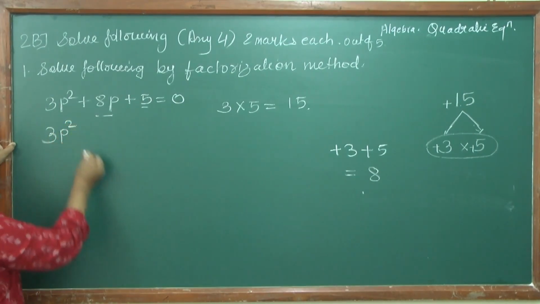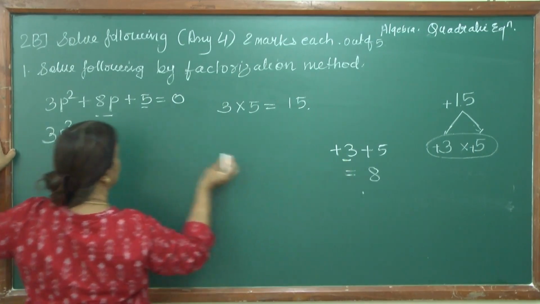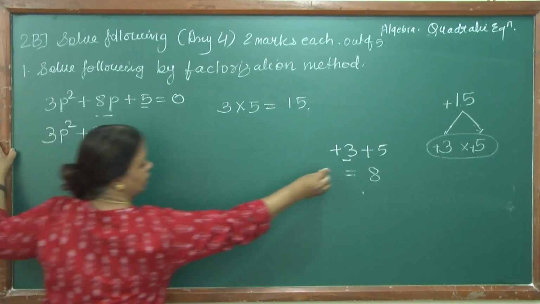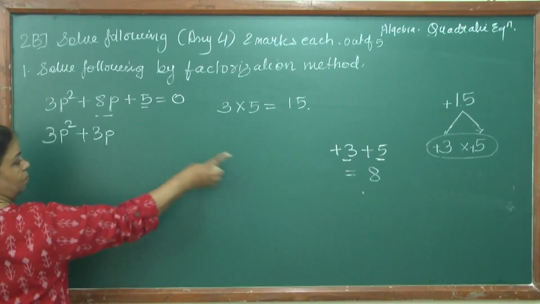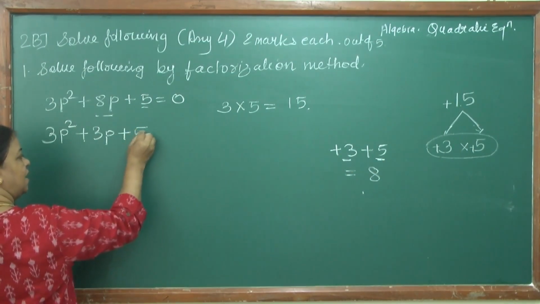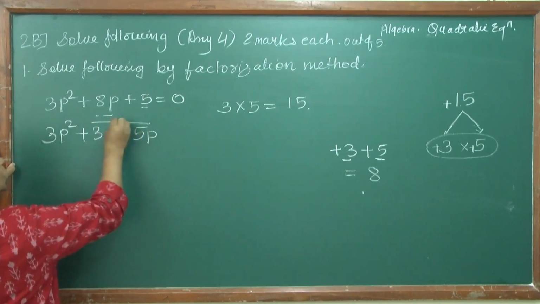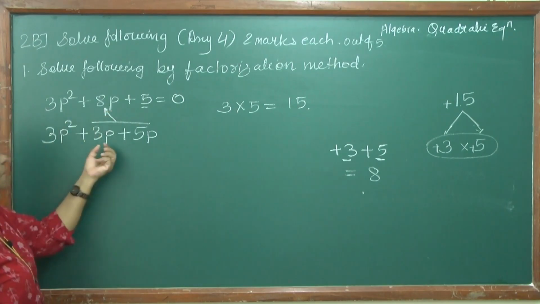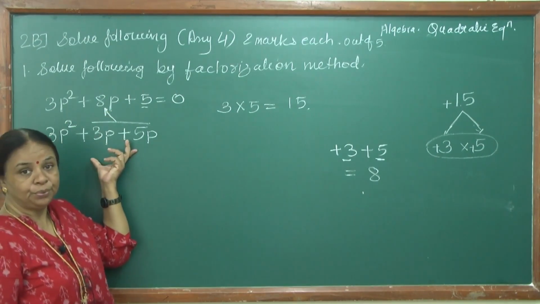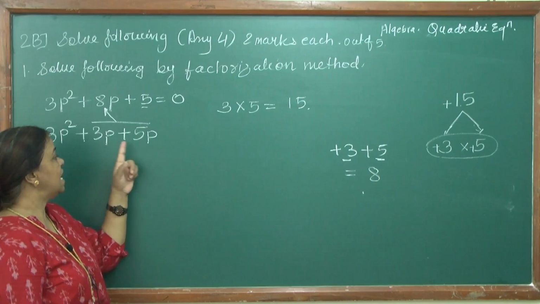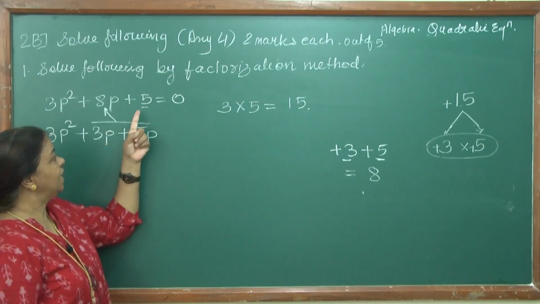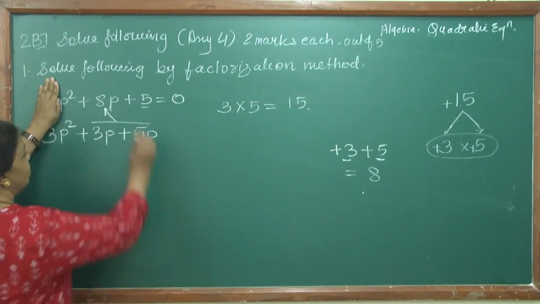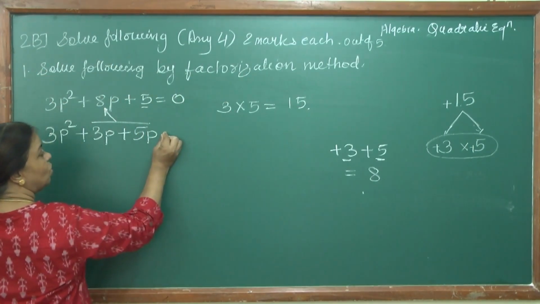3p square, what is my first number? Plus 3p, next number, plus 5p. If I add these two I get 8p. I bifurcated 8 into two numbers, that is 3 and 5. When I multiply I get 15, and how did I get 15? After multiplying 3 with 5. The last number is plus 5.